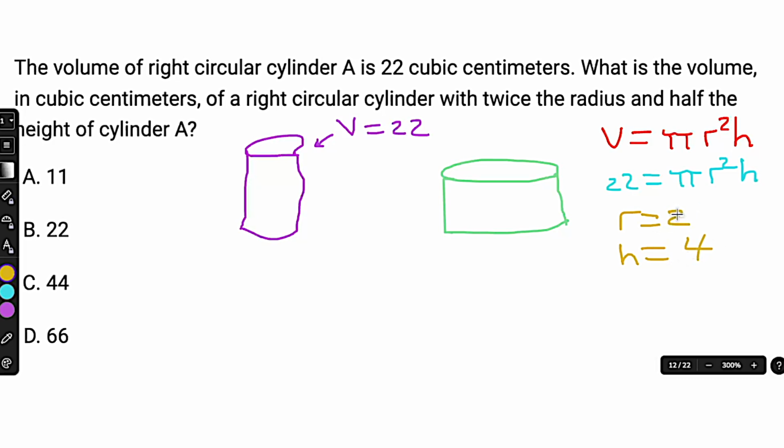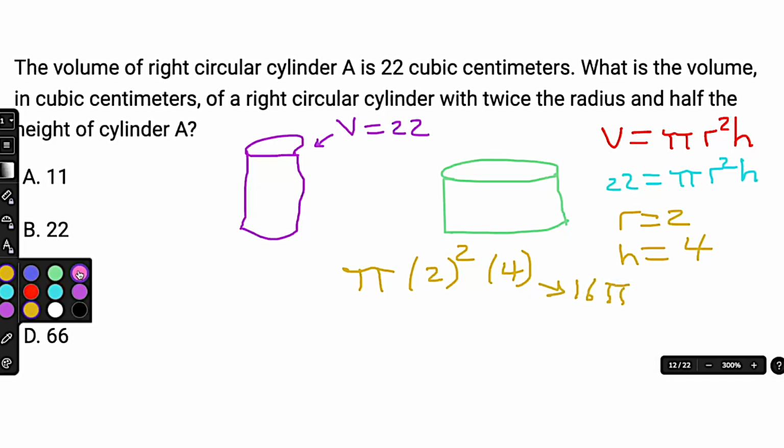So if we plug those numbers in, we get pi times 2 squared times 4. 2 squared is 4, so then 4 times 4 is 16, and then we end up with 16 pi. So that would be 16 pi. Now what happens if we double the radius? So now we have pi times 4 squared, cut the height in half, times 2.